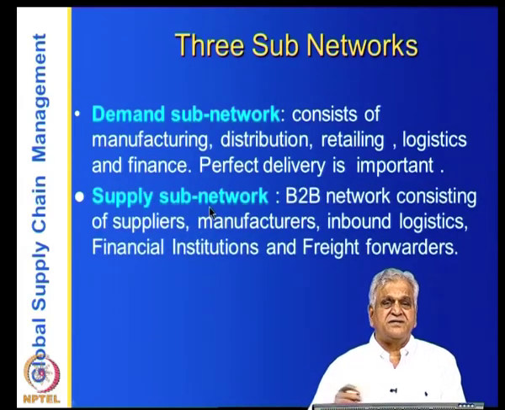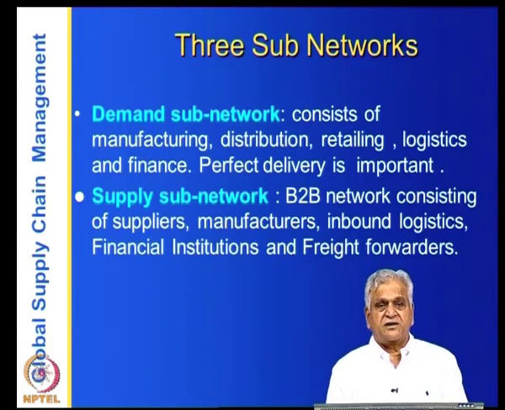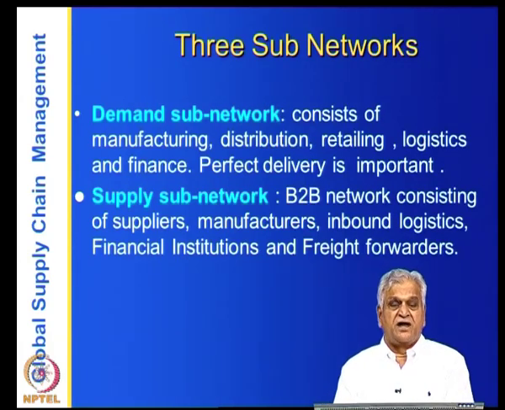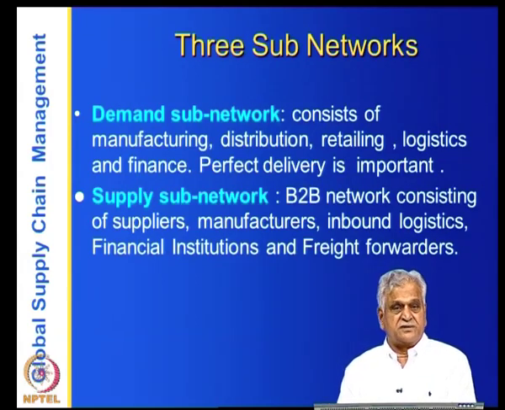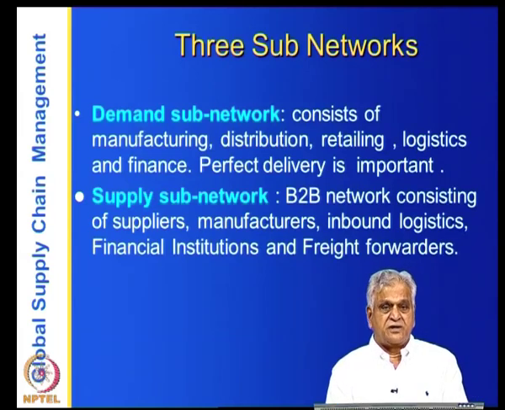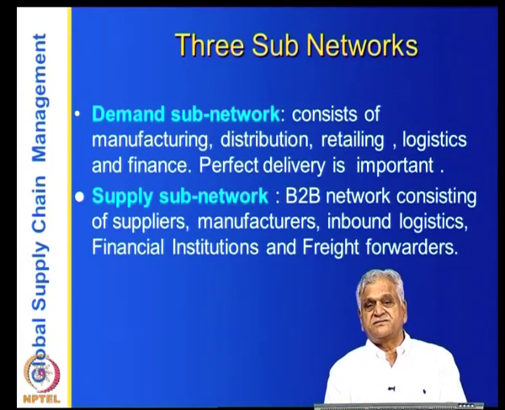The second one is the supply chain subnetwork, which is a business to business network with the suppliers, manufacturers, and what are called inbound logistics players, financial institutions, freight forwarders and so on. This is a huge network, because the material that flows between companies is an orderly flow.